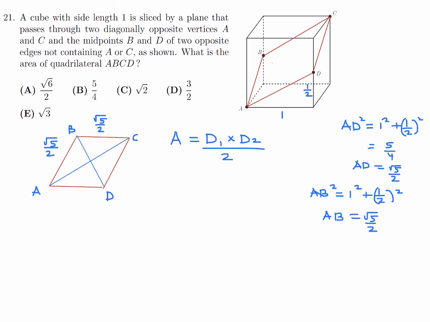So if we can figure out the distance from A to C and then the distance from B to D, we'll be able to solve this. So first, let's just do, either one is fine, BD. Looking at the diagram, that's this distance right there. And that can be easily solved considering the fact that it's essentially a Pythagorean relationship like that, where this is 1, and that's BD.